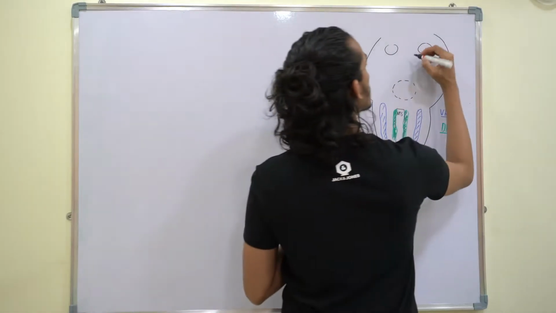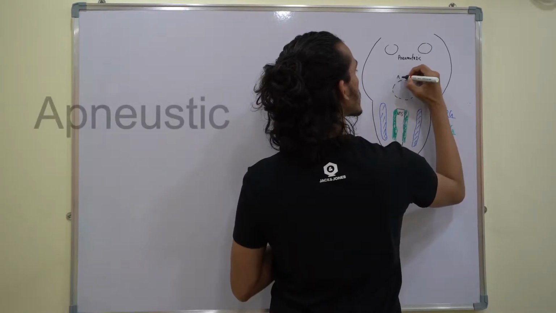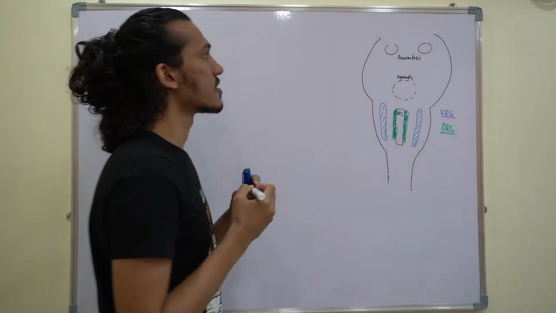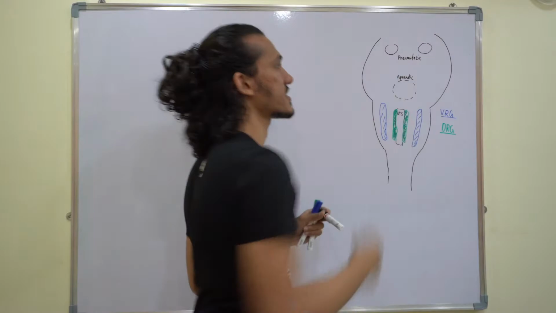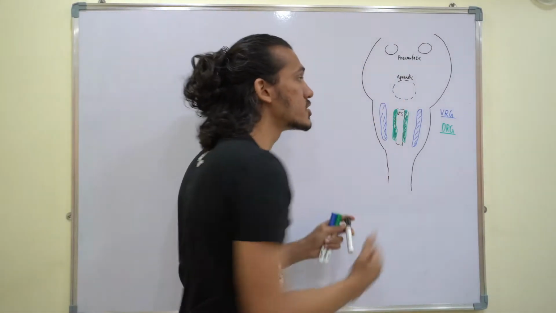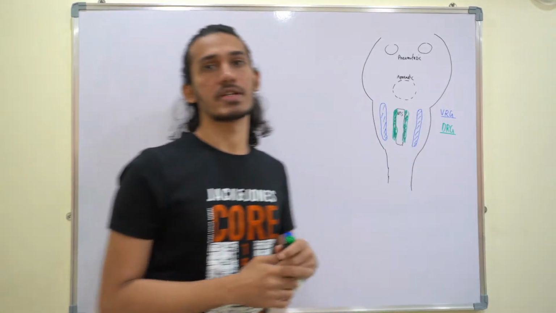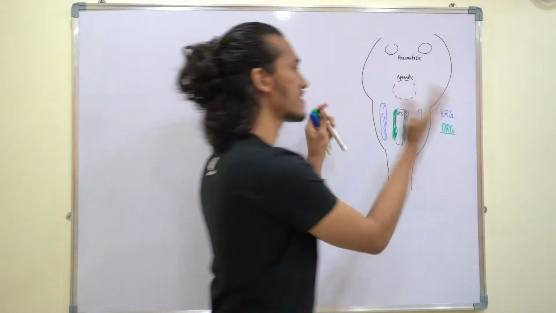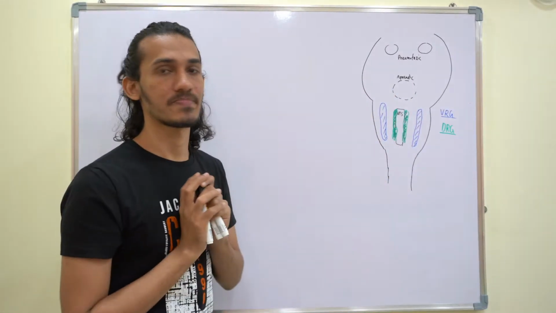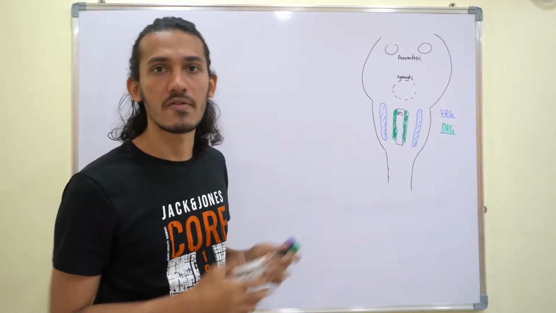So we have the pneumotaxic and apneustic centers in the pons, which are involved in pontine regulation, and in the medulla we have the dorsal respiratory group and the ventral respiratory group. These are ventrolateral and these are dorsal and medial. That is the basic structure of the things involved here.